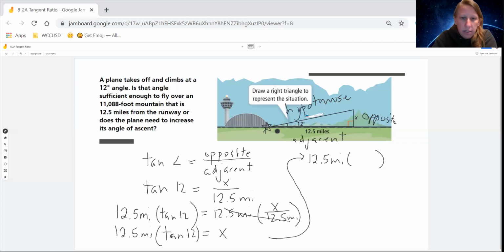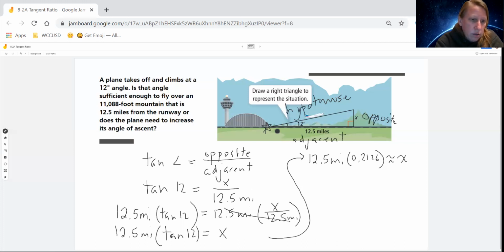Okay, and then I'm going to hit tangent, and it is 0.212126 maybe. And that will tell me approximately how high that plane will be, and then we can check and see if it will clear the mountain. So I'm going to multiply that by 12.5.